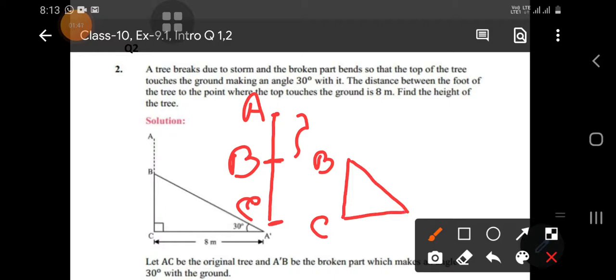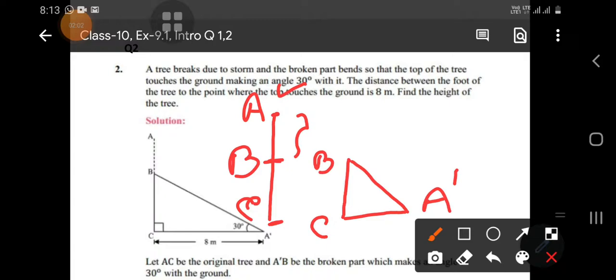Now the position A, that is the top, touches the ground. So now we name it A dash, because if I name it A, then the lines BC, CA and CA would be the same, so that is why I named it A dash.